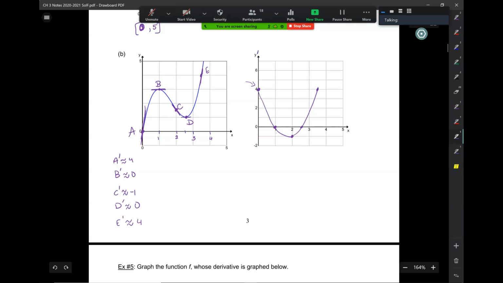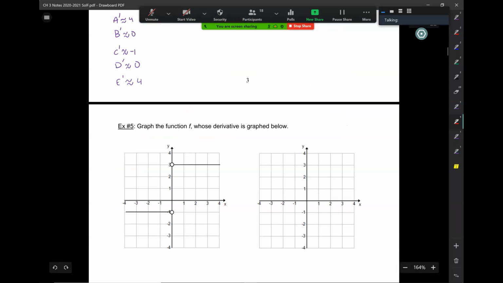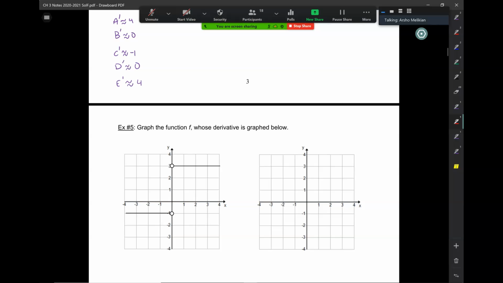All right, and that's how the slope of that looks. What you can also see is trends. Here the slope is about a 4, and then here the slope is a 0. So it's decreasing, and here my slope is decreasing. Now, let's see if we can go backwards.